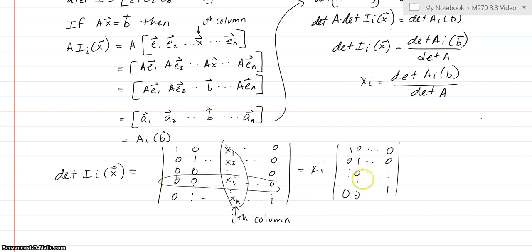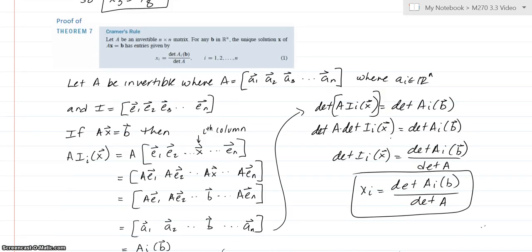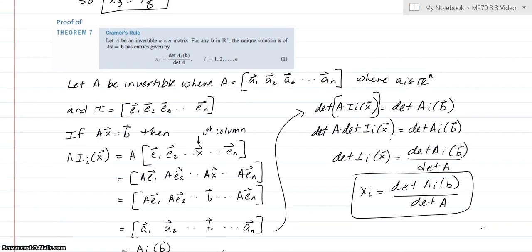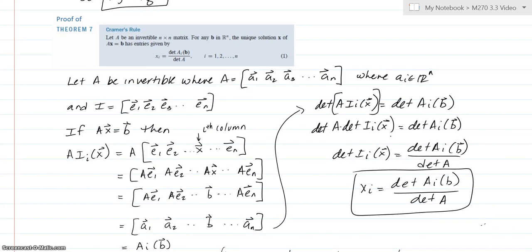That would actually be the identity matrix of size n minus 1, but it would be 1 regardless. So it ends up getting just x sub i. So we have the formula, and you can see that is a nice proof of Cramer's rule. And that concludes this video.